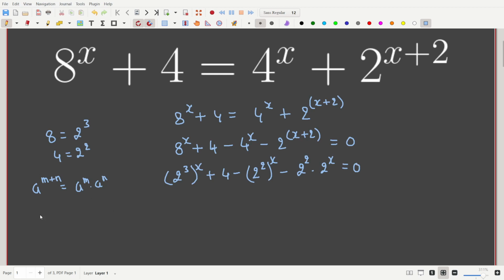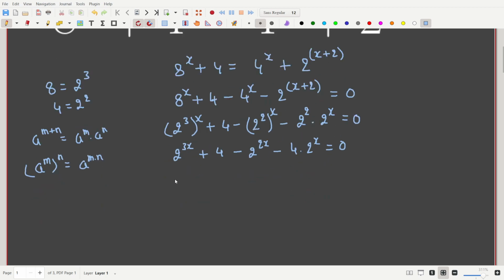Now we know that if we have a power m power n, this can be written as a power m into n. So 2 raised to the power 3 to the power x becomes 2 raised to the power 3x, plus we have 4 minus 2 raised to the power 2x, minus 2 raised to power 2 becomes 4 into 2 raised to the power x, is equal to 0.